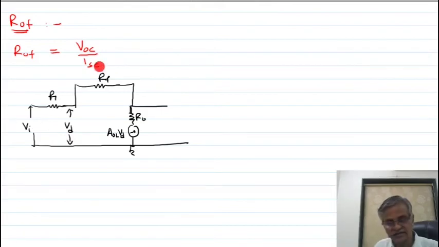To find this, I have to make the output short circuited. Means this is to be short circuited.